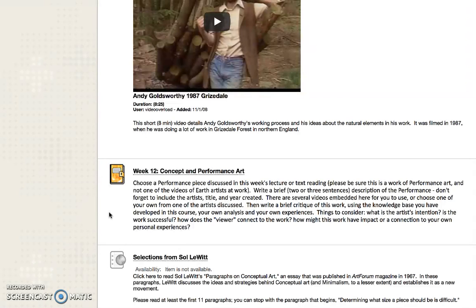The work is broken down, it's explained, and the critic tries to interpret that work. Some things to consider: What is the artist's intention? Is the work successful? How does the viewer connect to the work? How might this work have impact or a connection to your own personal experiences? So have fun with that.